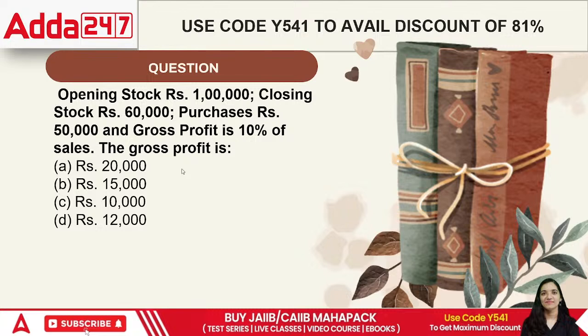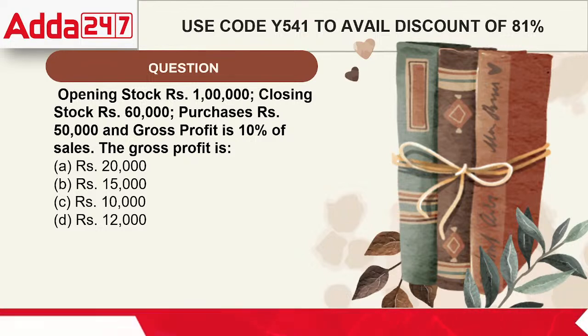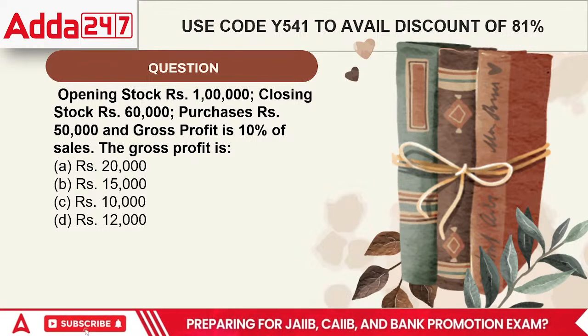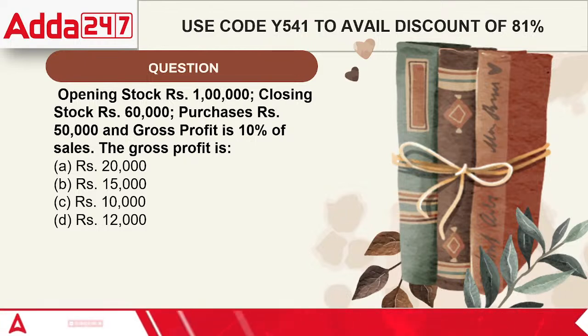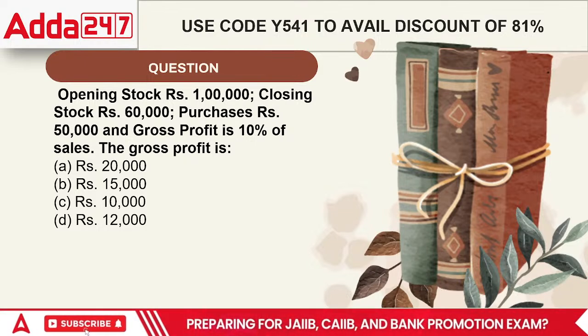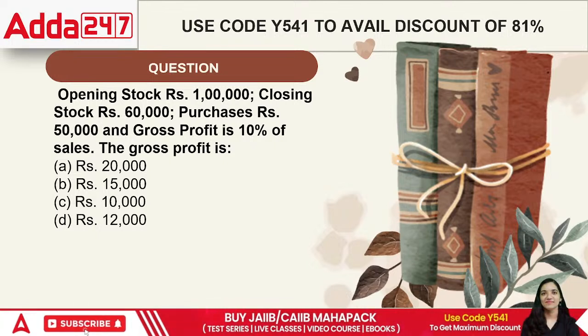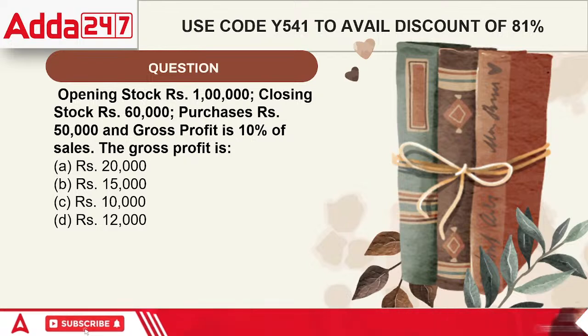It says that opening stock is 1 lakh and the closing stock is rupees 60,000, and then we have purchases worth rupees 50,000, and then the GP is 10%. So in this case, they have given us a specific percentage of 10% and they're asking what the GP is.